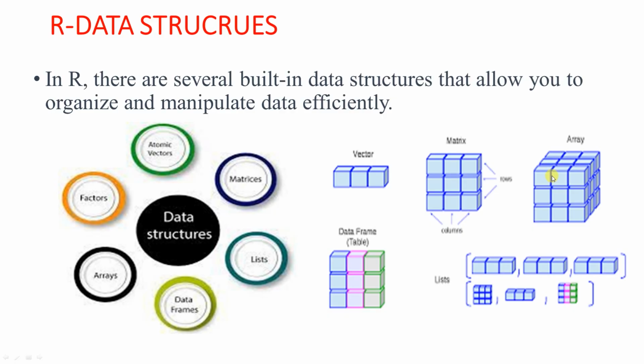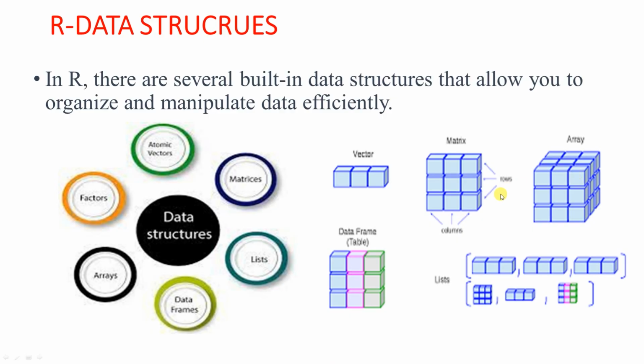It holds the data in 3 dimensional manner, so it can hold 3 into 3 into 3. A vector can hold only 3 elements, a matrix can hold 3 into 3, 9 elements, and this array can hold 3 into 3 into 3, a total of 27 elements. If it has more than 3, say 4 dimensions or 5 dimensions, that is also called an array.